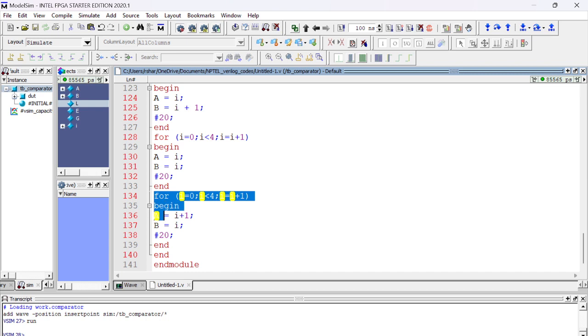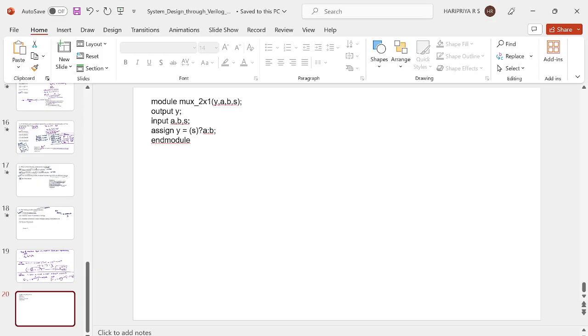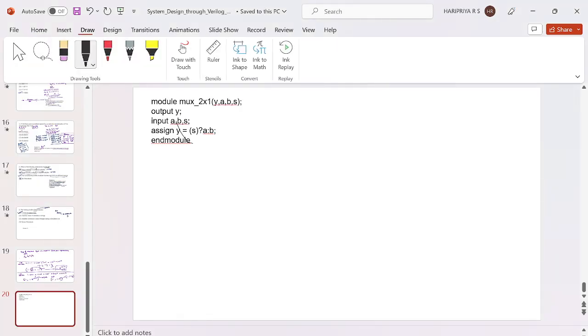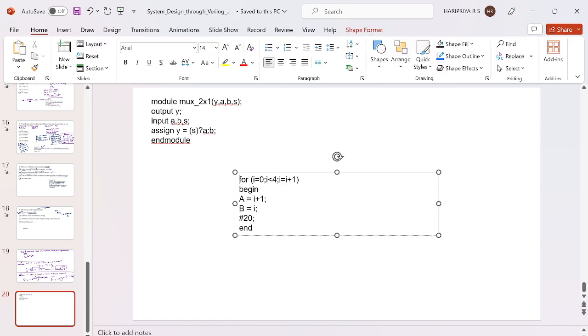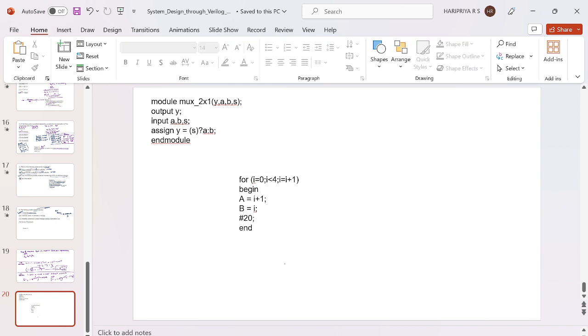I want to write this code. At 0, A will be, sorry, A will be 1, B will be 0.